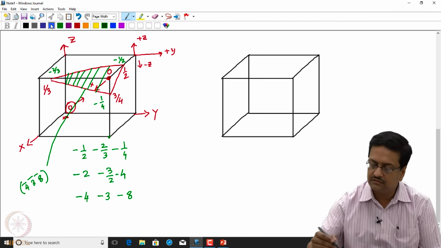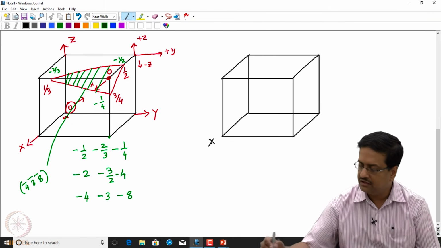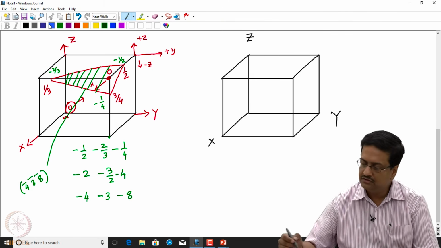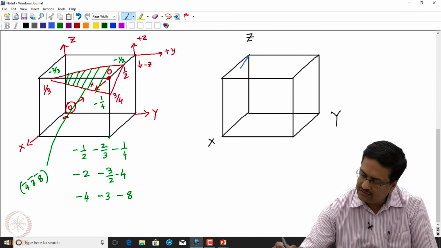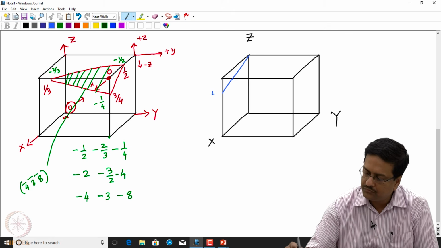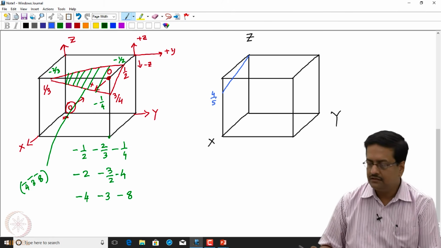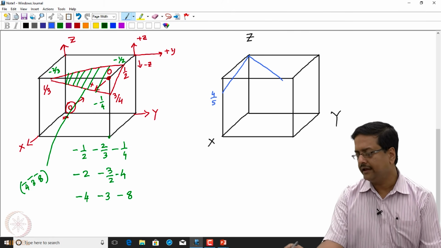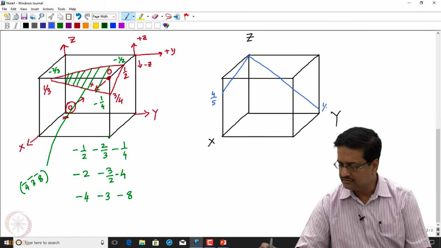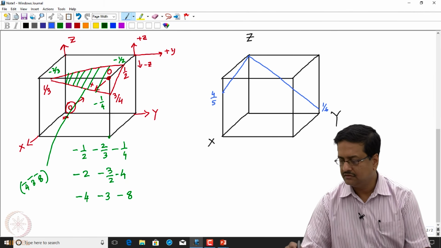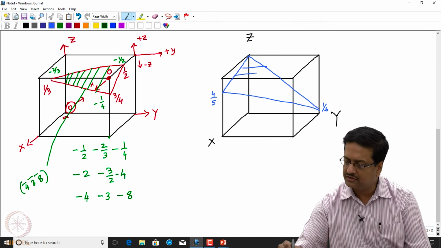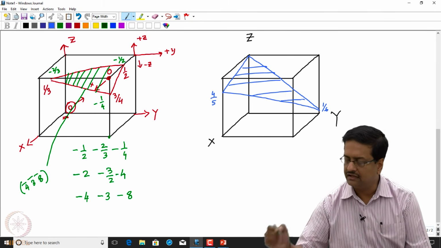So in this particular cube that I have drawn here, x, y, and z as usual, I am drawing a plane which is having an intercept on z axis here as 4/5, and it has again an intercept on z axis at 1/6, and this is the plane. What would be the Miller indices for that plane is an assignment for you.